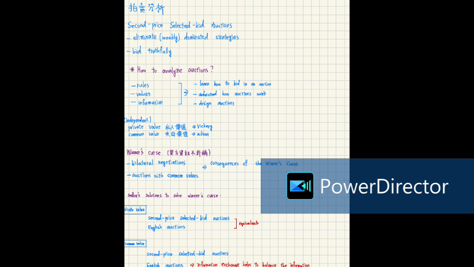So it is private value. And the other is common value, which is reasonable, which is comprehensible.